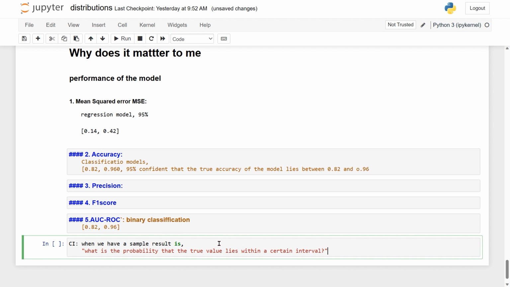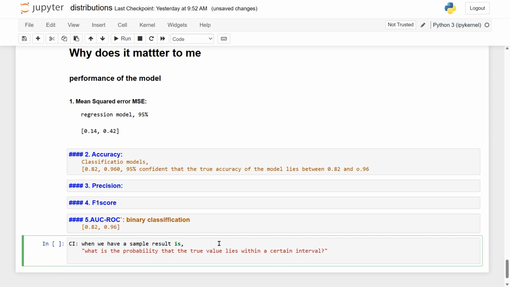That's what we are very much interested in. But this is not really the question that a confidence interval answers.